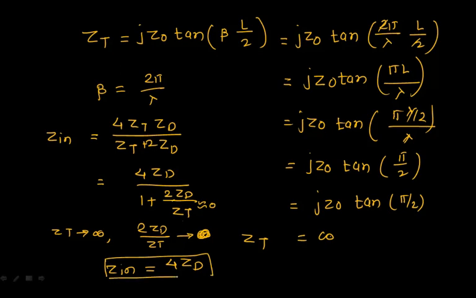Here I can understand that whenever I'm dealing with the folded dipole antenna, the input impedance of that antenna will be 4 times greater than your dipole antenna. We know that your normal dipole antenna has an impedance of 73 ohm.